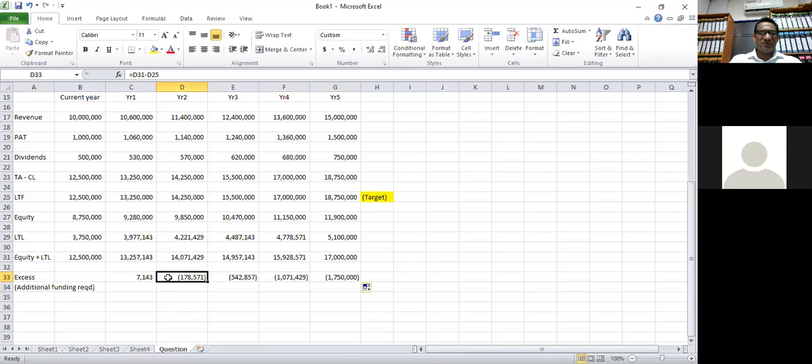So this is the other way. This is a shortfall. We can pay excess.